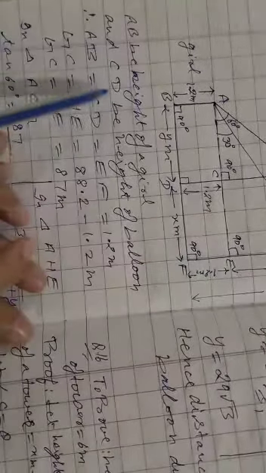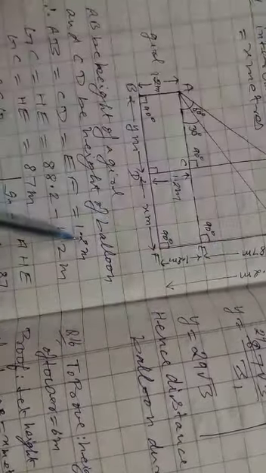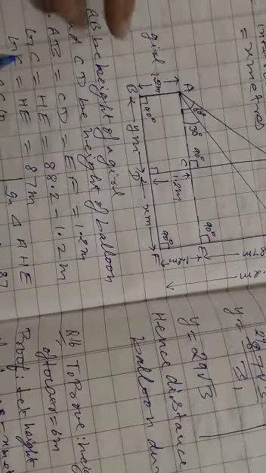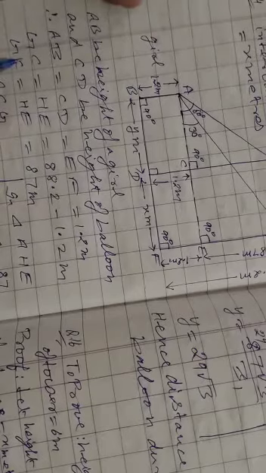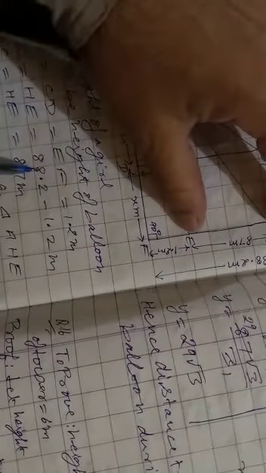Now let AB be the height of the girl, CD be the height of the balloon, AB equal to CD equal to EF equal to 1.2 meter. GC equal to HE equal to 88.2 minus 1.2 meter, that is 87 meter.